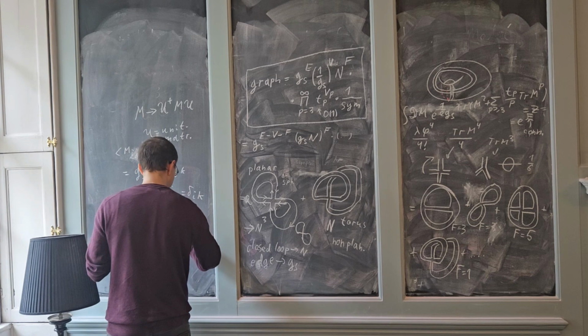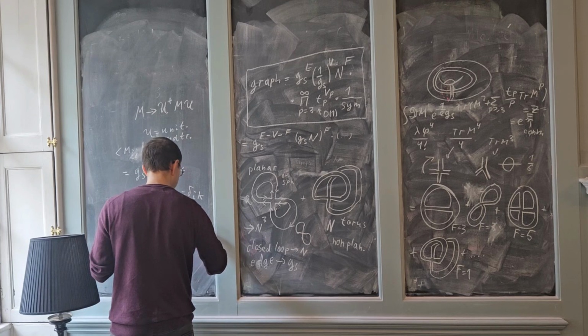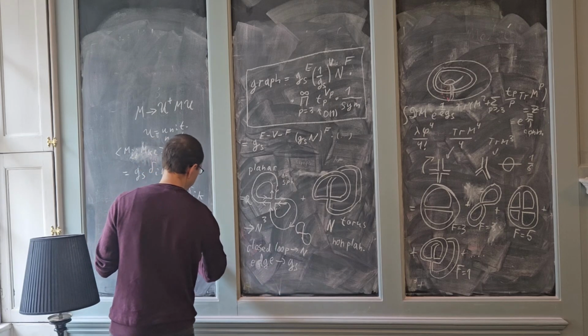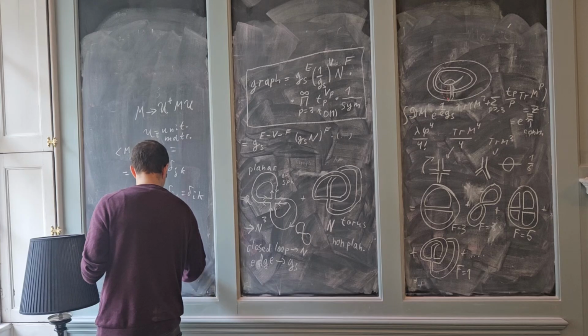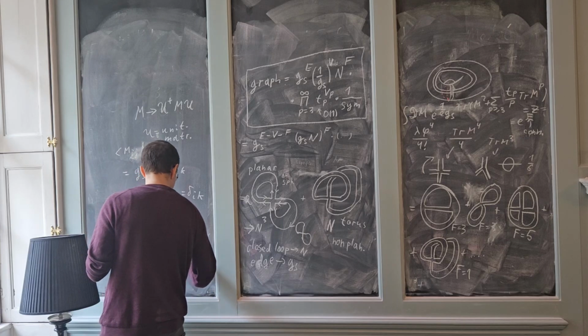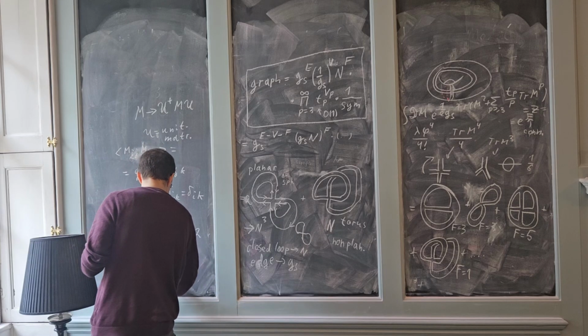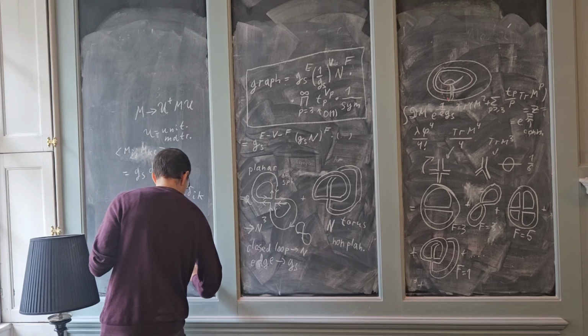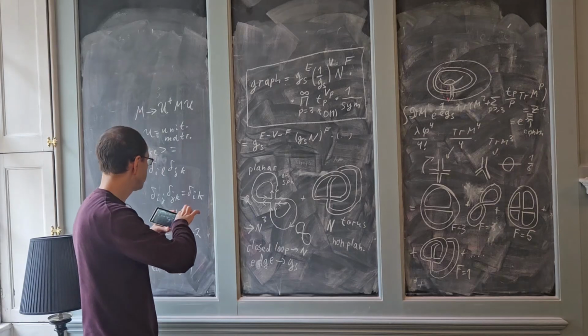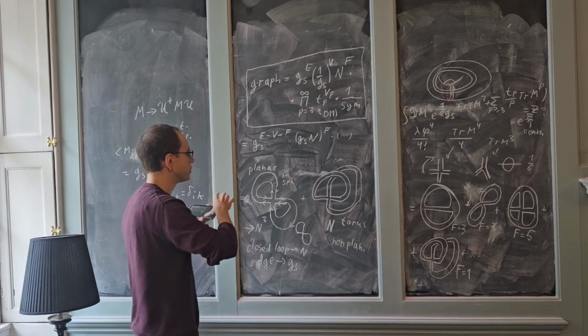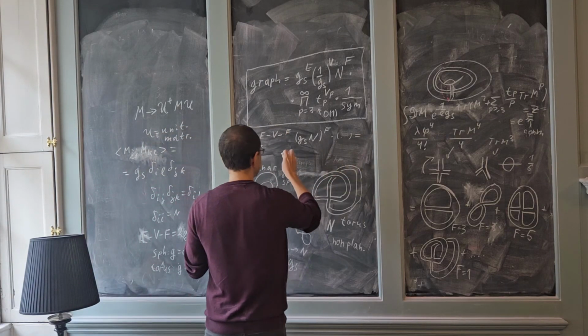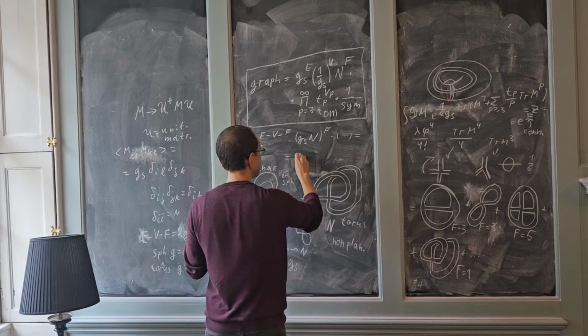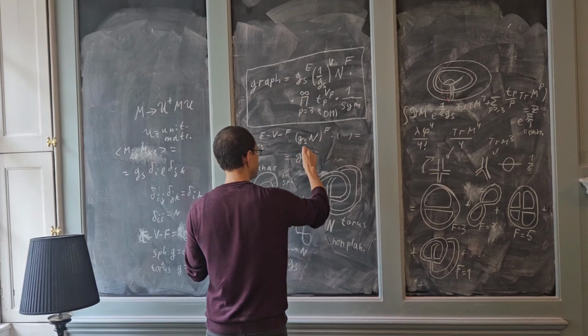But in general, it's 2g minus 2, where the sphere has genus g equals 0, the torus has genus 1, and so on. So genus is the number of holes. So this I can rewrite as g_string to the power 2g minus 2.